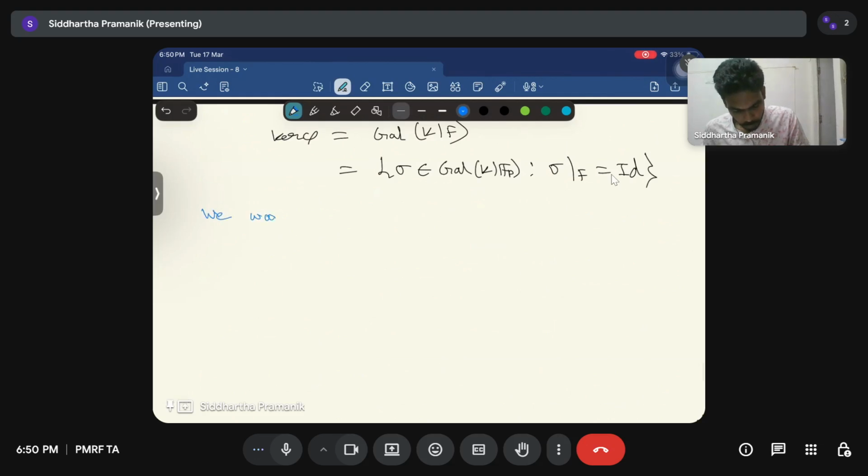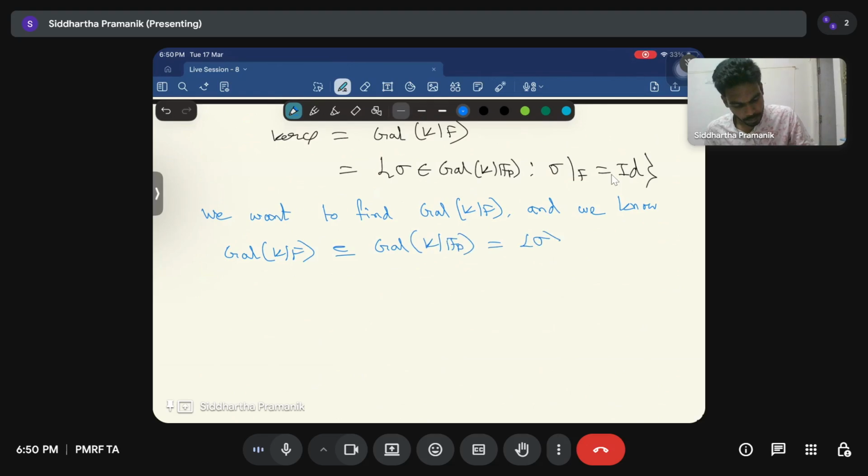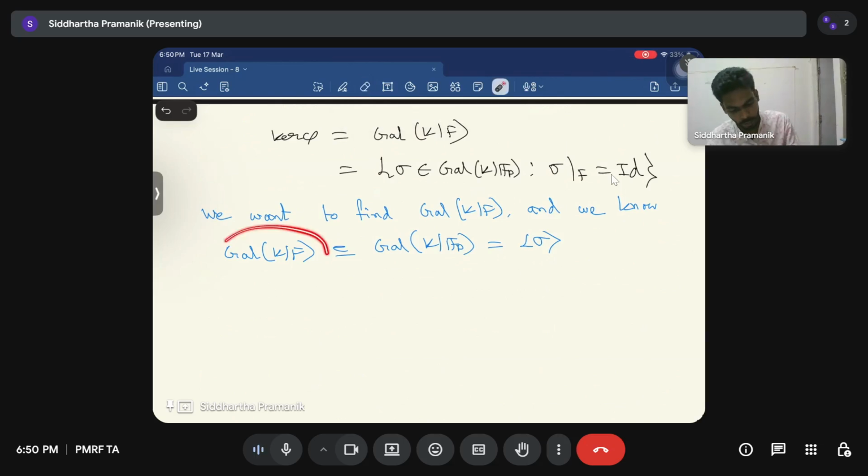We want to find the Galois group of K over F, and we know the Galois group of K over F is a subgroup of the Galois group of K over Fp, which is generated by sigma. So it is a cyclic group, and we want to find this cyclic subgroup.